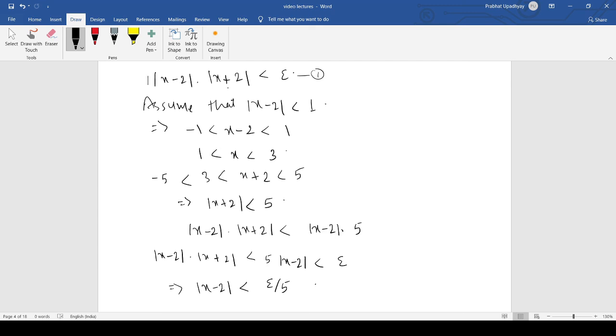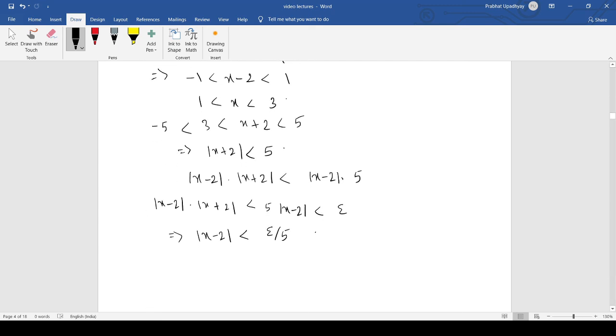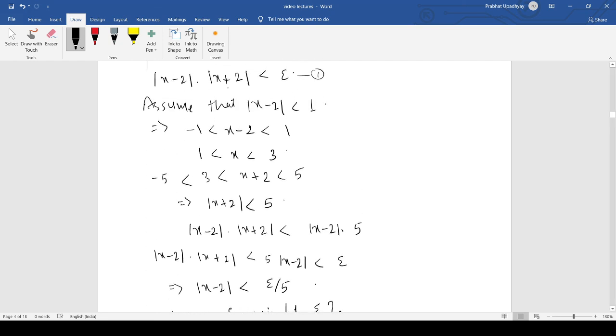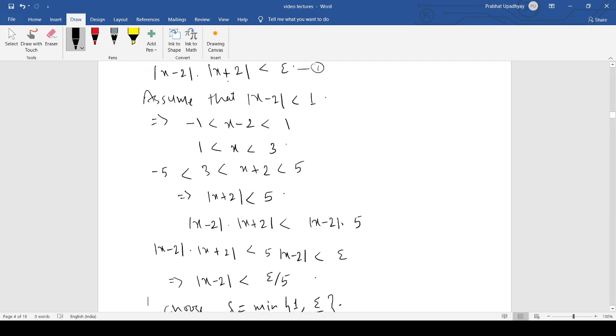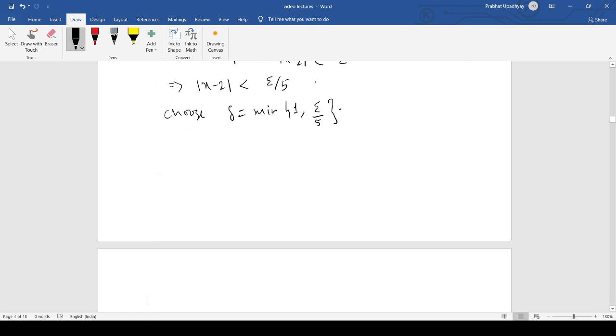So in choosing my delta, I will take minimum of 1 and epsilon upon 5 so that both the conditions are valid. That means mod x minus 2 is less than 1 as well as mod x minus 2 is less than epsilon by 5.